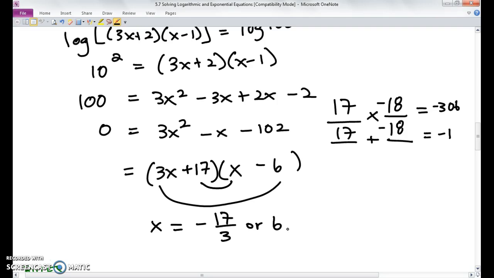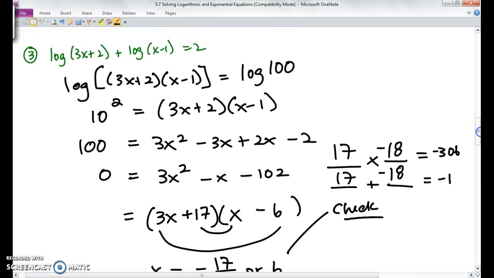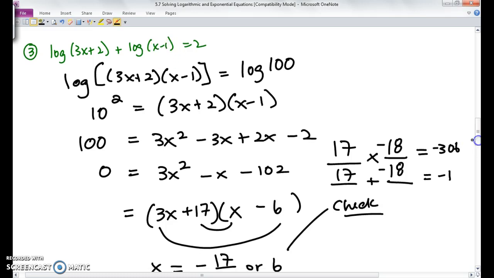Okay? I'm going to check them to make sure that the arguments are positive. Notice that if I put negative 17 over 3 here, I think, oh, I don't want to do that. That's a fraction. Let me try this one. Negative 17 over 3. If I have a negative and I subtract 1 from it, I get a negative. So negative 17 over 3 is no good.